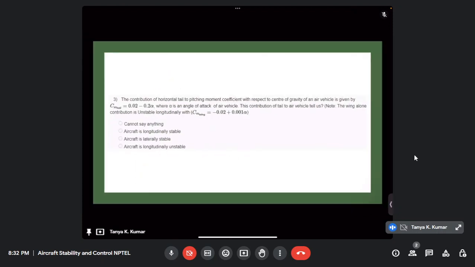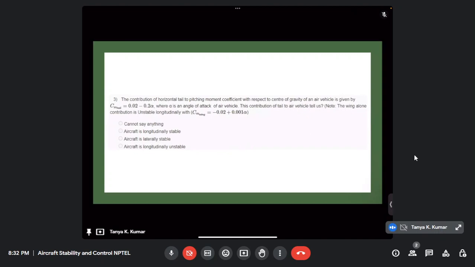The contribution of the horizontal tail to pitching moment coefficient with respect to center of gravity of an air vehicle is given by, so they've given you the equation for Cm of the tail, where alpha is the angle of attack of the air vehicle. What does this contribution of tail to air vehicle tell us? They've given you the Cm variation of the tail and of the wing.